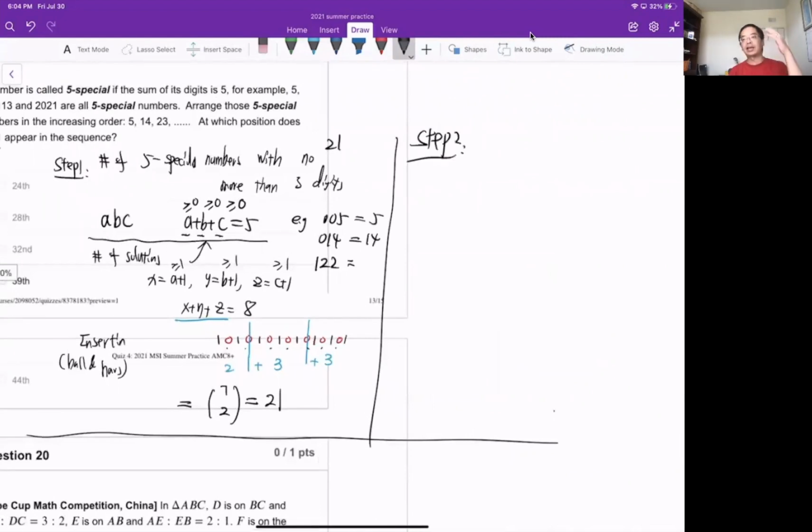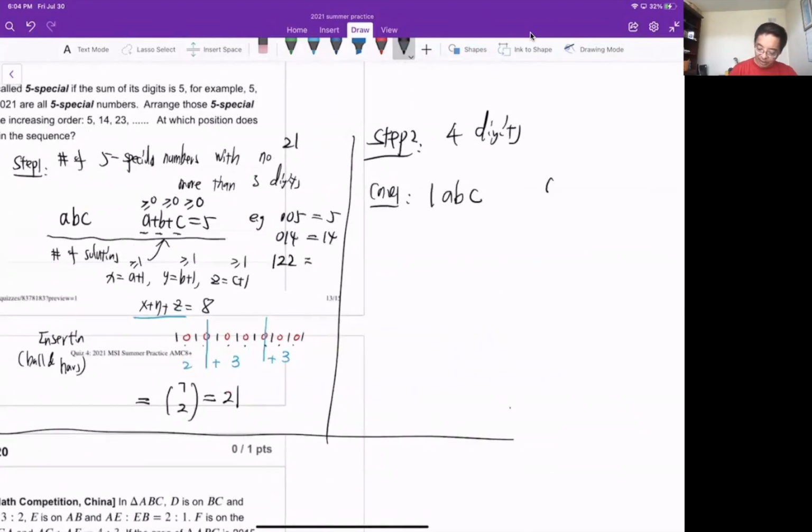Now we look at the special numbers with 4 digits. We look at case 1 first. We started with 1, and then it's A, B, C. This time we have A plus B plus C equal to 4, because I already have 1 here, and they're all non-negative, so they could be 0.